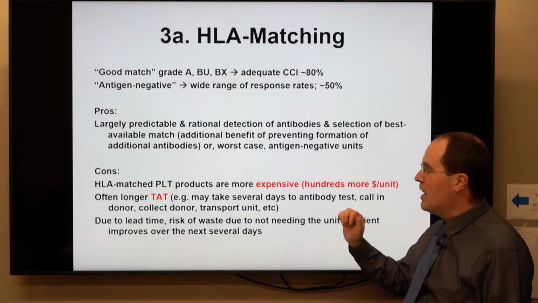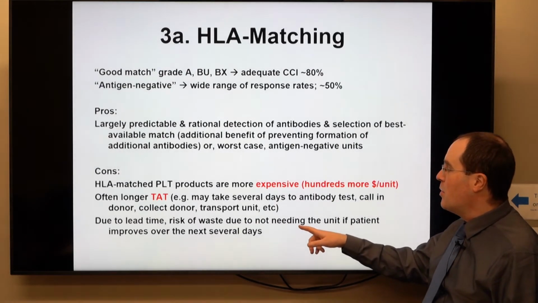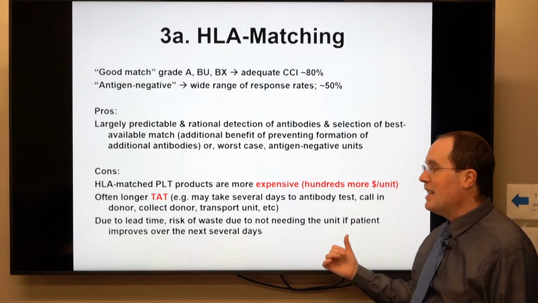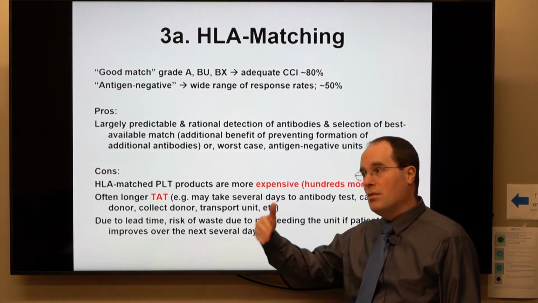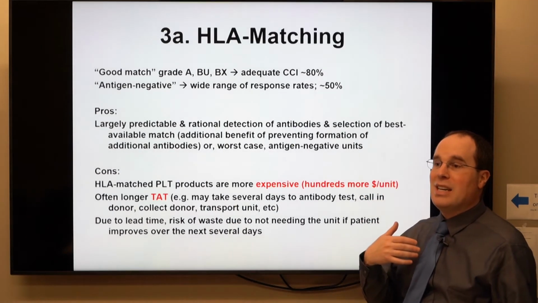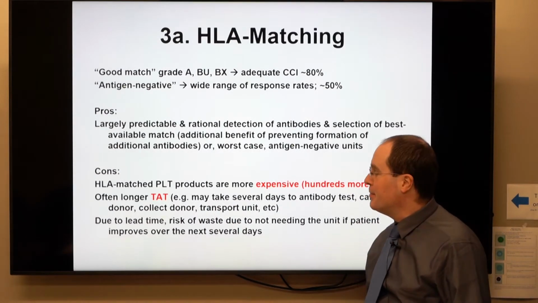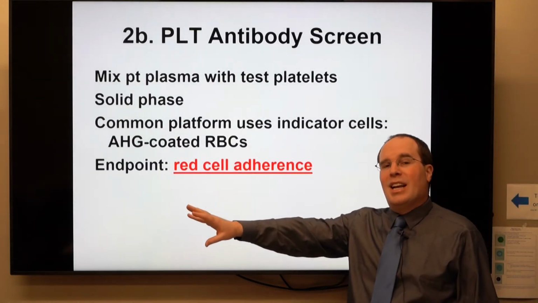And then due to this lead time, there's also a risk of waste, right? Because by the time you actually get the unit, you may not need it if the patient improves between the time you order it and the time you find a donor, collect them, and then you actually have it. It may take, say, 3 days, and then you needed it 3 days ago, but you didn't need it today. That's one method, HLA matching.